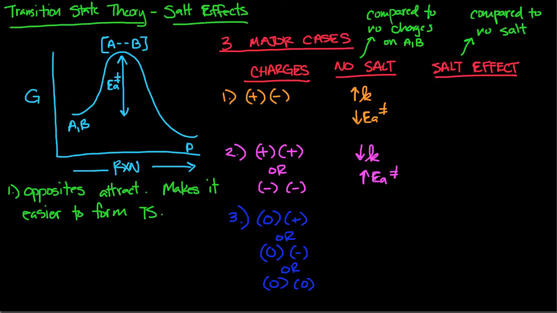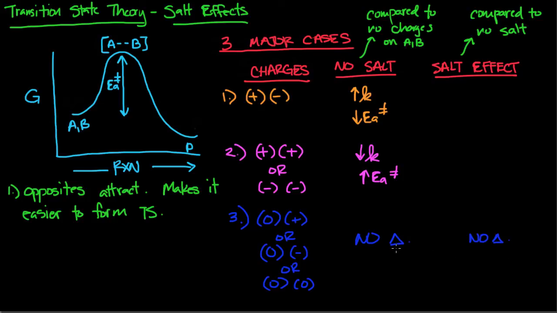There's going to be no change because 0 and a positively charged, or 0 and a negatively charged, or 0 and 0, those aren't going to be attracted, and electrostatics aren't going to play a role. So if either of them is not charged, there's going to be no change in the presence of salts, or no change in the presence of no salt.